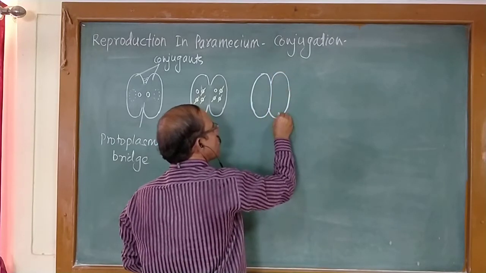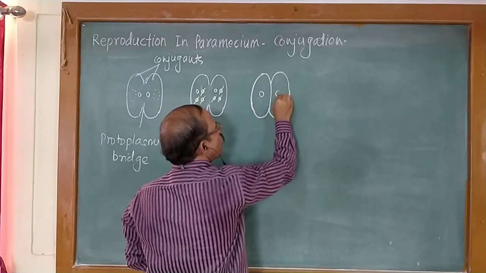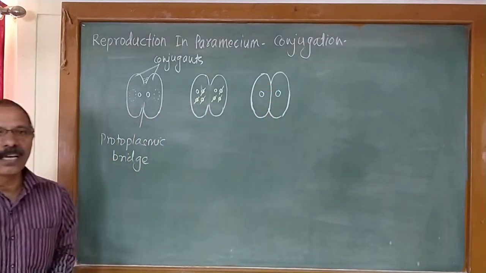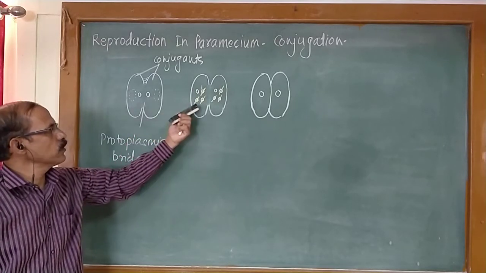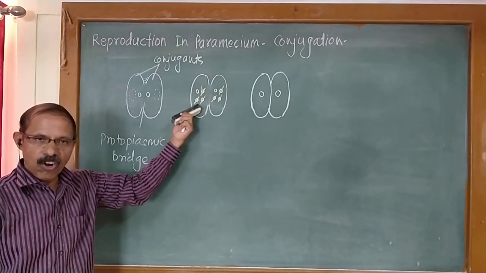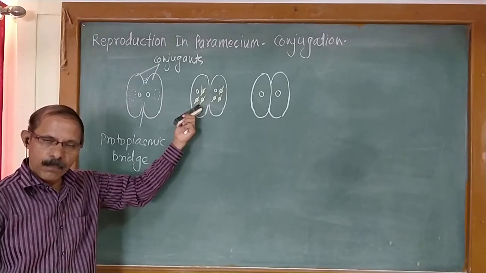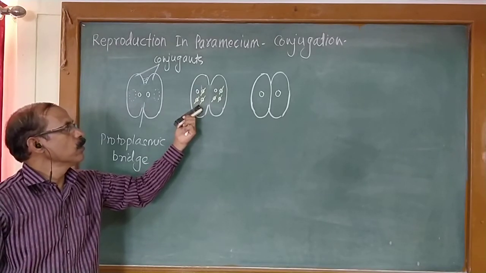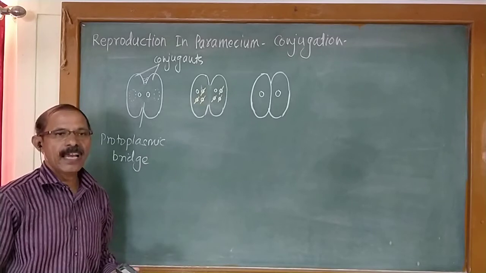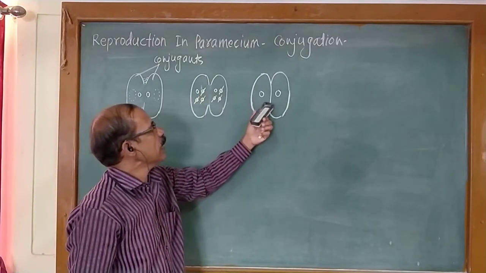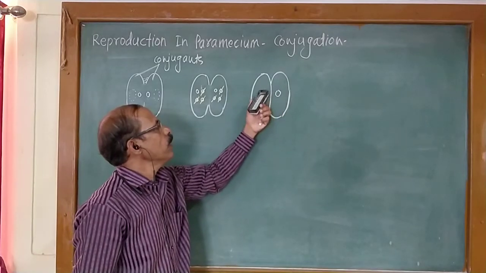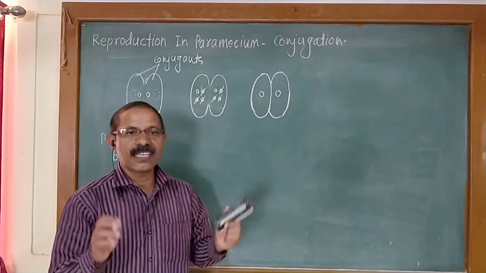See here, only 1 micronucleus remains. From a single micronucleus 2 divisions occur and 4 nuclei form; out of 4, 3 nuclei are degenerated and disintegrated. Now in each ex-conjugant only 1 nucleus remains.